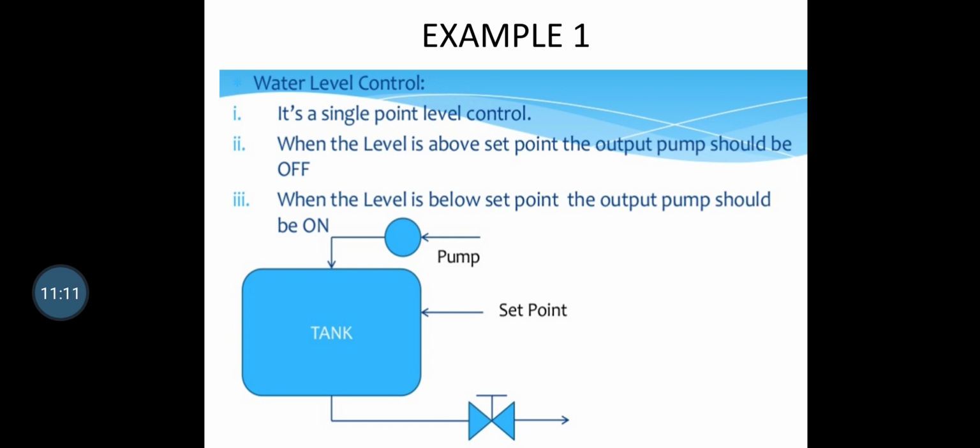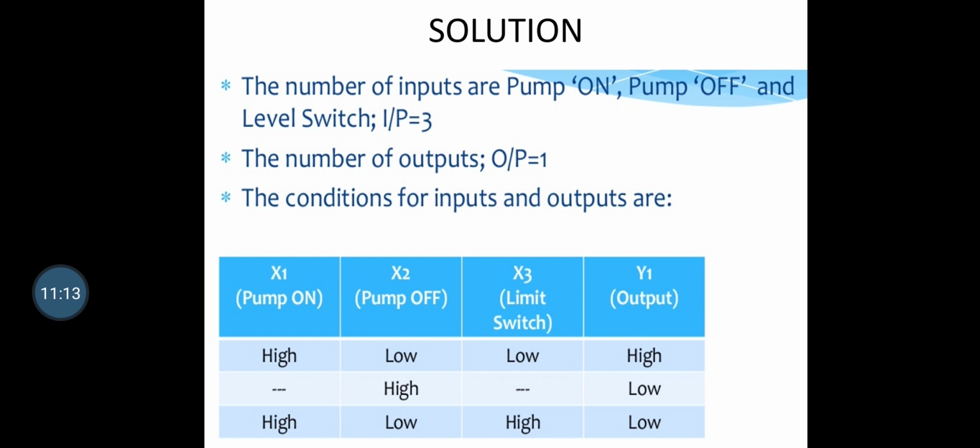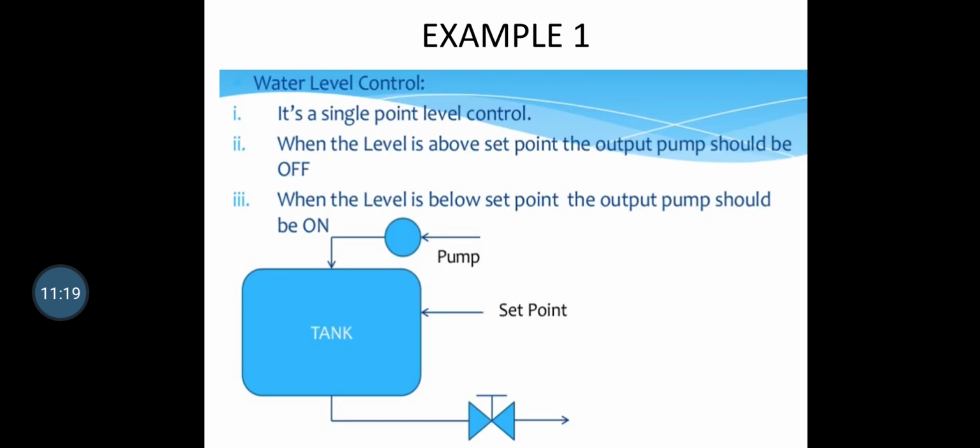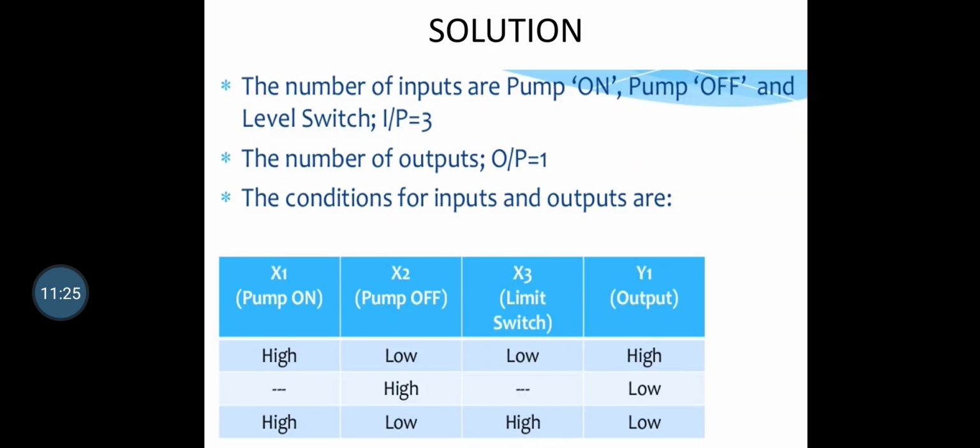Now the solution for that. The inputs are pump on, pump off, and the limit switch, so there are 3 inputs, and the number of outputs depends on how many are available. Here there are 3 inputs and only 1 output.